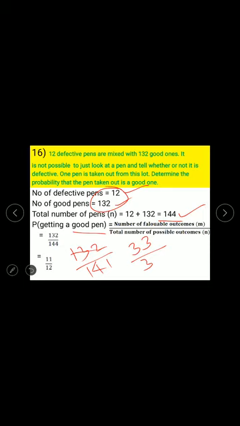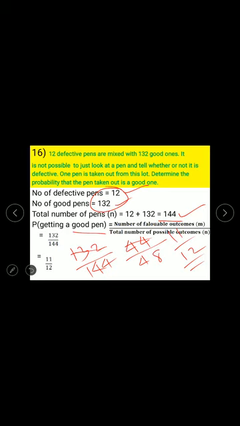Cancel by 3: 3 4s are 12, so 44. Yes, that was the mistake. Again by 4: 4 1s are 4, 4 3s are 12. So 11 by 12. Before, I wrote 1 only instead of 144, that is okay. So the answer will be 11 by 12.